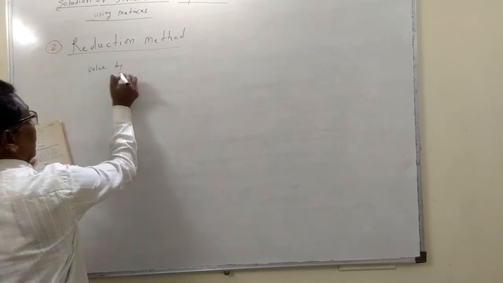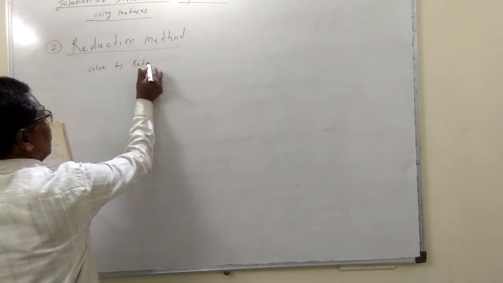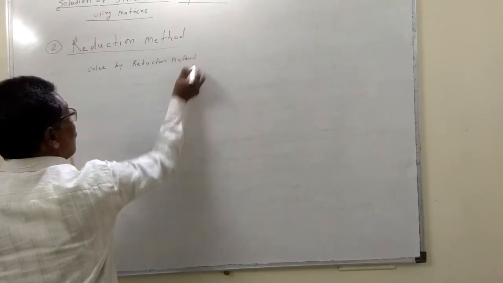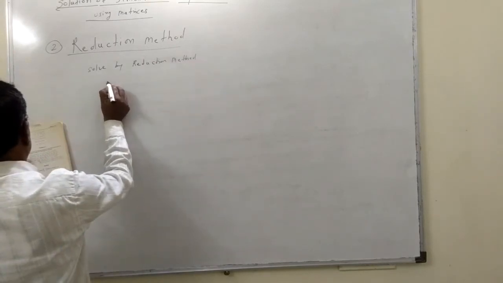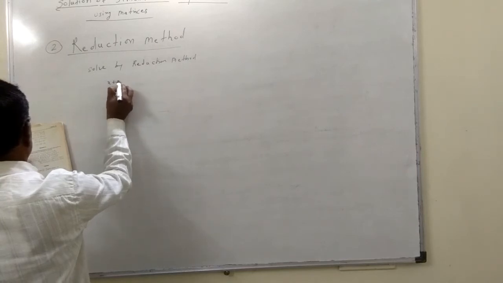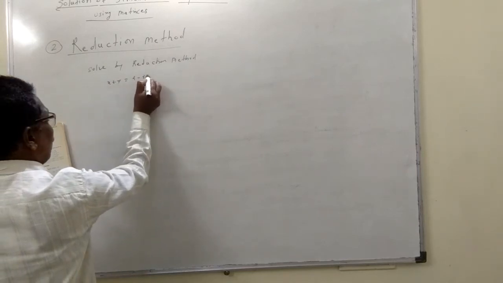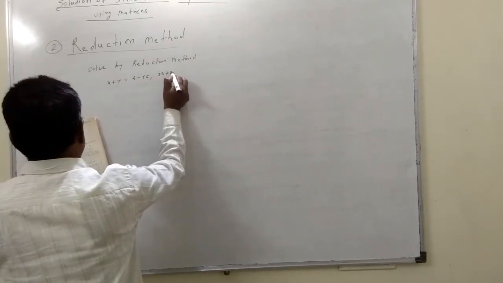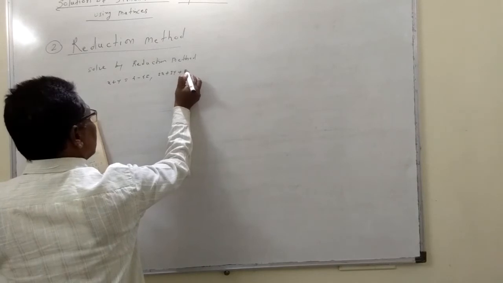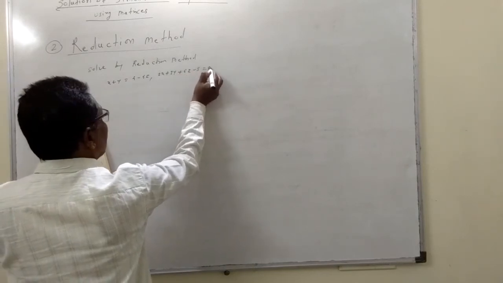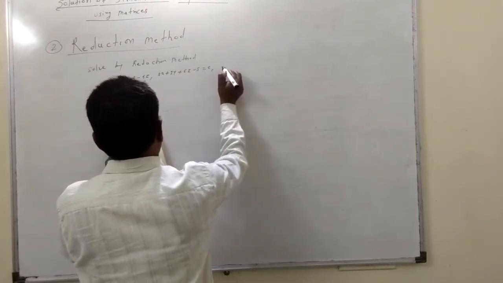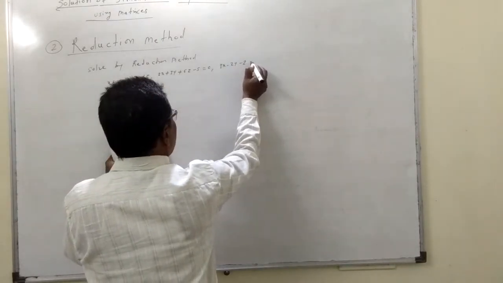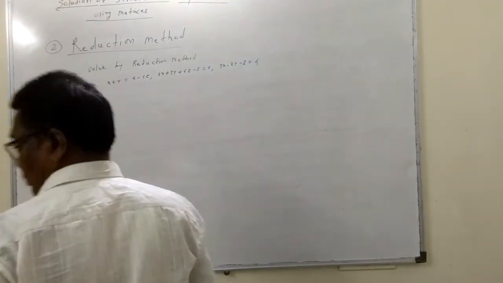Solve by reduction method: x plus y plus 4z is equal to 4, 2x plus 3y plus 6z minus 5 equal to 0, 3x minus 2y minus z is equal to 4.